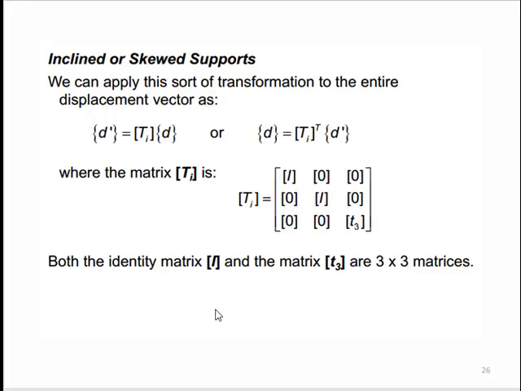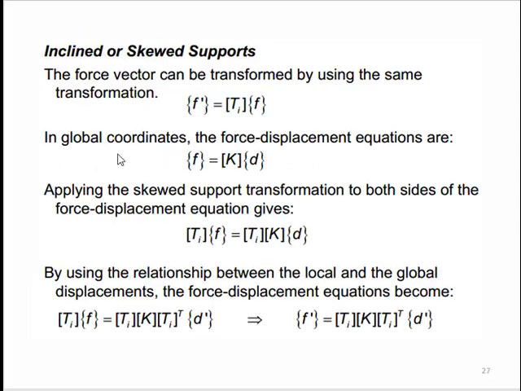So that's how we make the transformation matrix in order to deal with the skew support. The force vector can also be transformed by using the same transformation. So f prime would be equal to Ti into f. We multiply the force vector with the transformation matrix, and we get the transformed force vector.